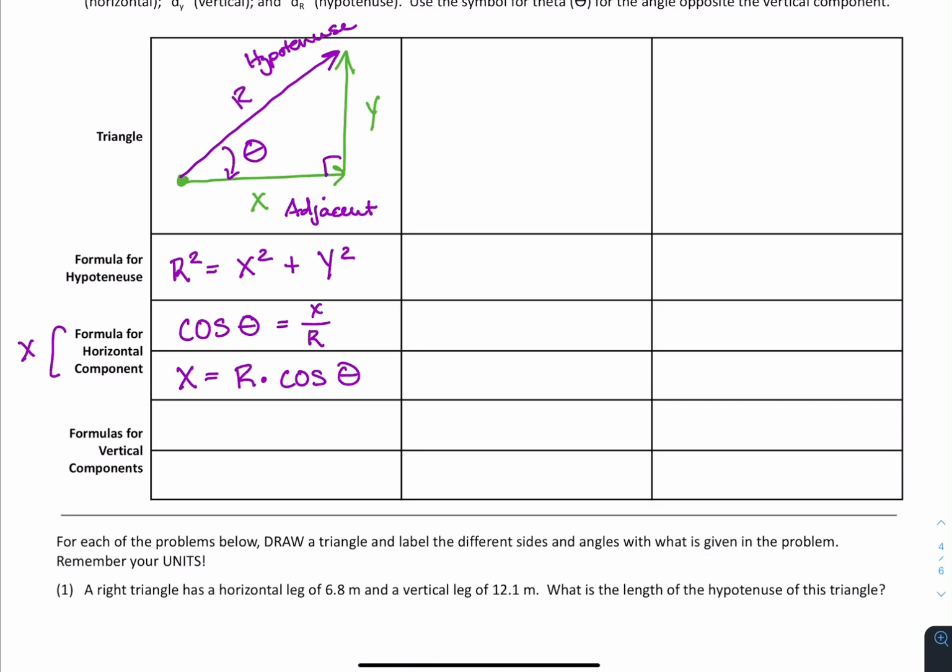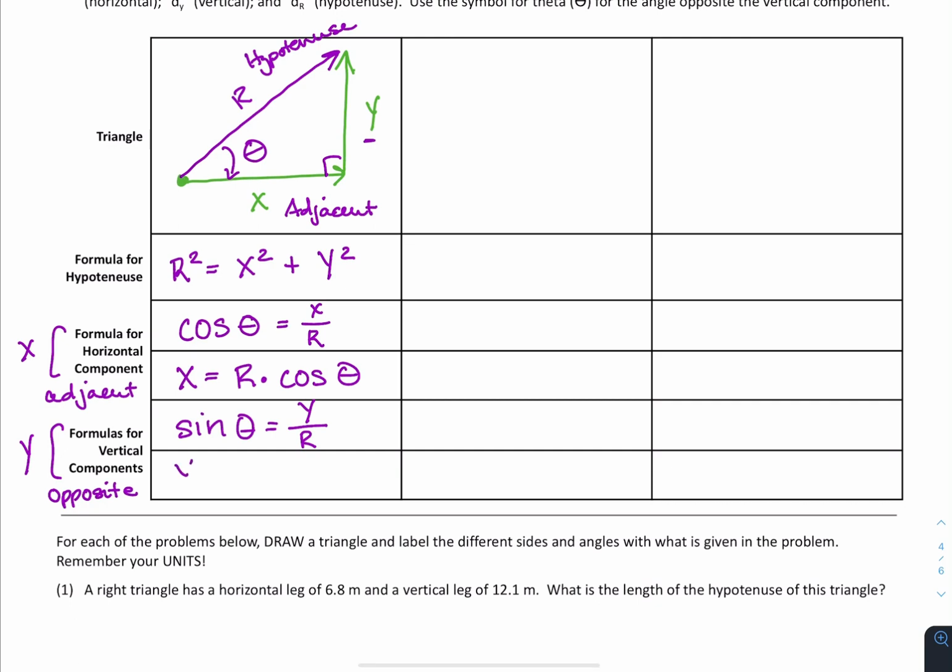If instead we're looking for the vertical component, the y component, this should be your opposite leg. Let me put adjacent under here. So that means we're going to be looking over here, and that's the sine. So the sine of the angle equals y divided by our hypotenuse, or r.